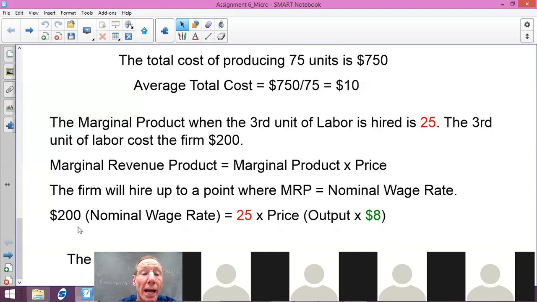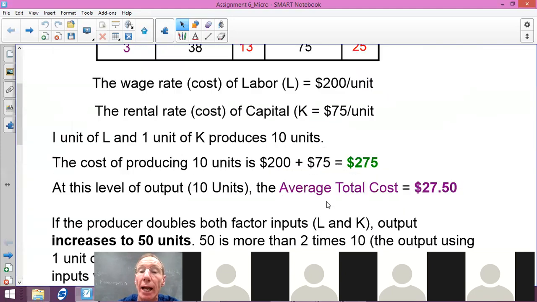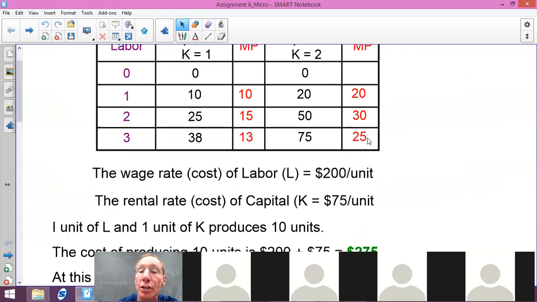So they would be paying the worker more than the worker actually brought into the company, because if the price per unit is $8 and the worker is able to produce an added 25 units, then his wage rate, which is $200, equals what he's bringing in dollars.